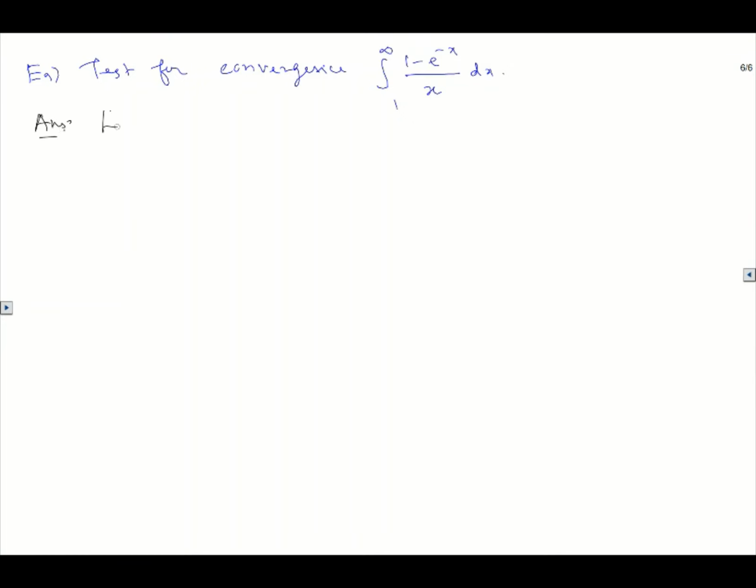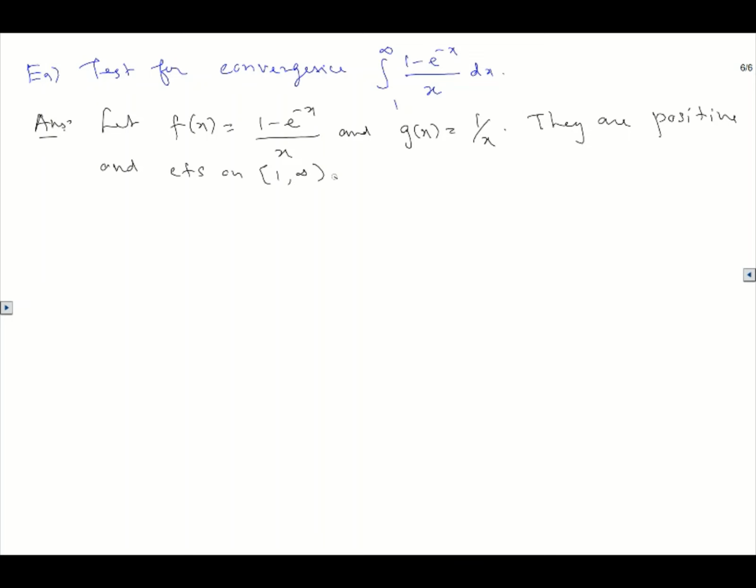Okay, so let f(x) equal the one we have, 1 minus e to the minus x over x, and g(x) equal 1 over x. They are positive and continuous on 1 to infinity.